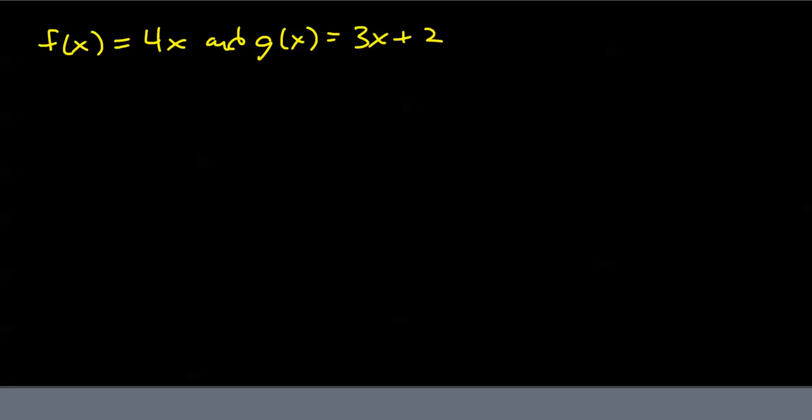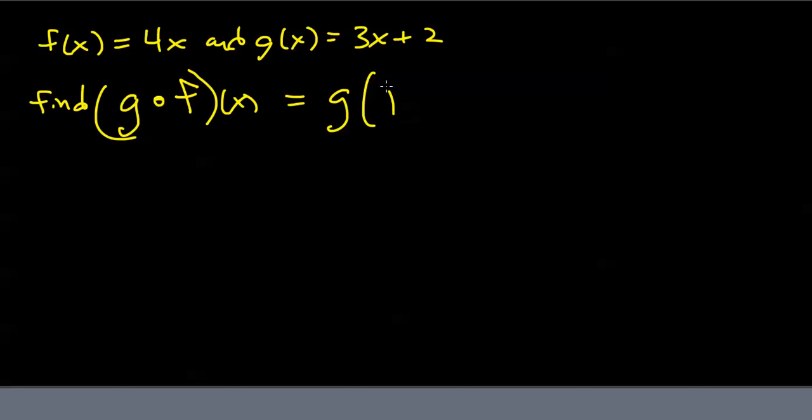Let's try another one. Let's stick with the same function assignments. Let's say f of x is 4x, as before, and g of x is 3x plus 2, as before. Let's reverse the role of layering here. Find g composed with f of x. And by definition, when I compose two functions, I'm really layering them one on top of the other. F of x is sometimes called the inner function for obvious reasons.